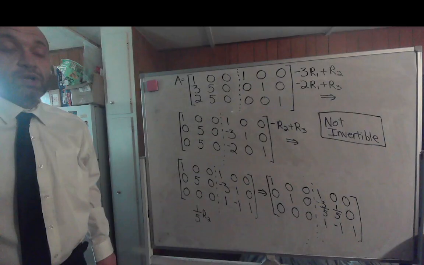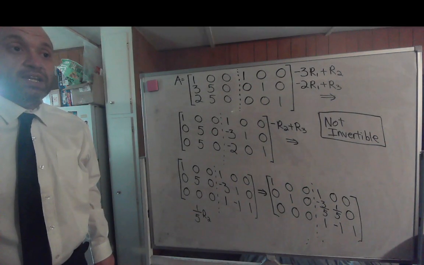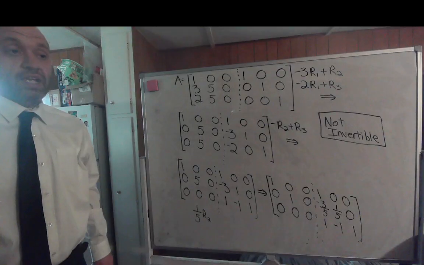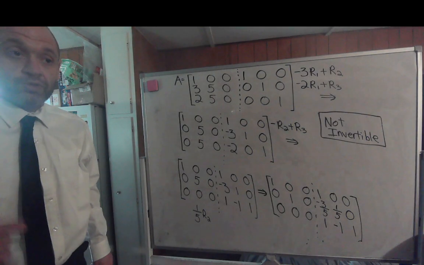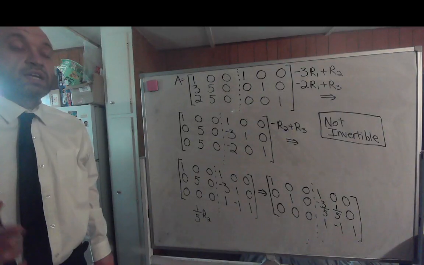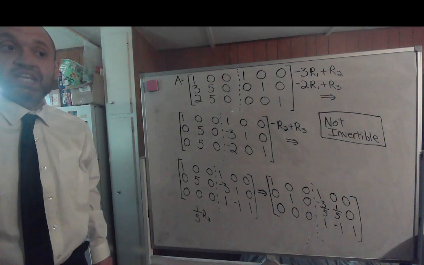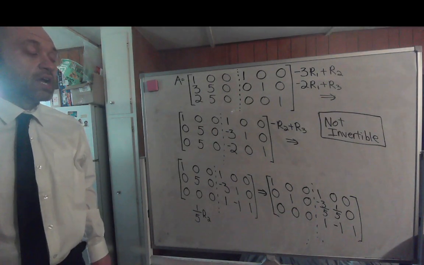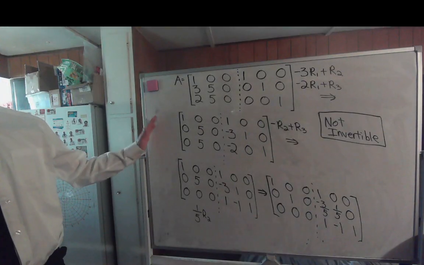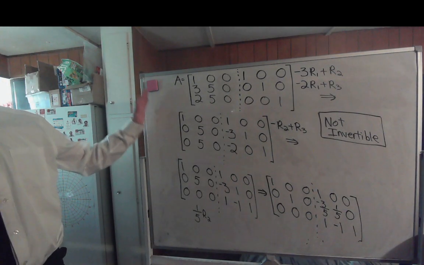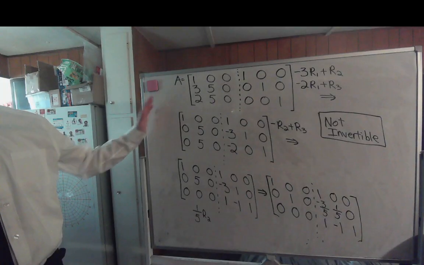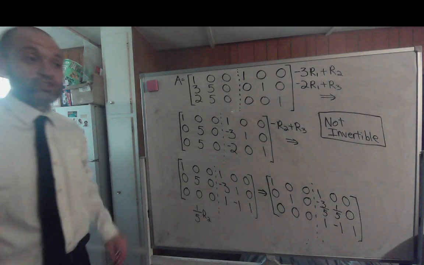You can have 0 entries in matrices and still get an inverse, but if you have it in 2 or all 3 rows where you have the same spots that have zeros, it's not going to be invertible. You can save yourself a lot of grief right there. I just wanted to show you this so you can understand what we were up against. So that is a good trick to use.